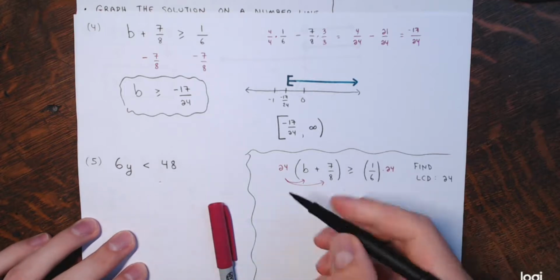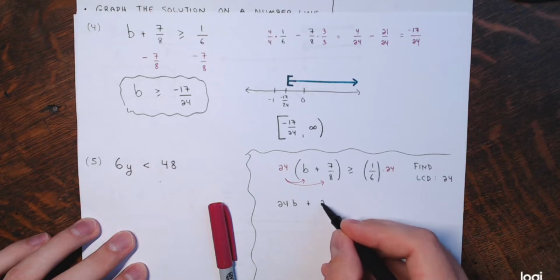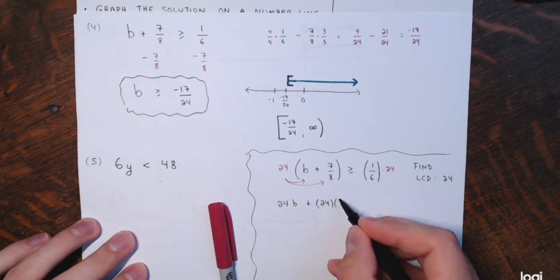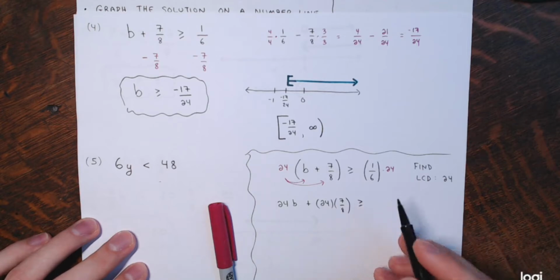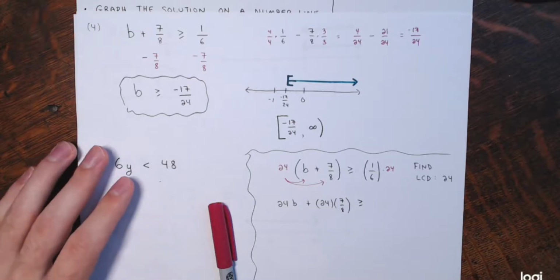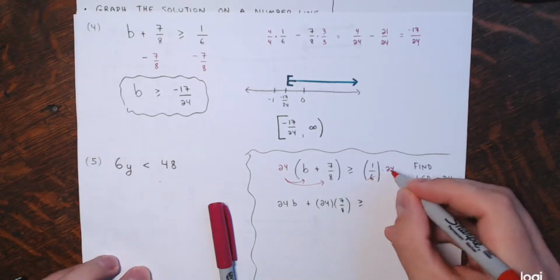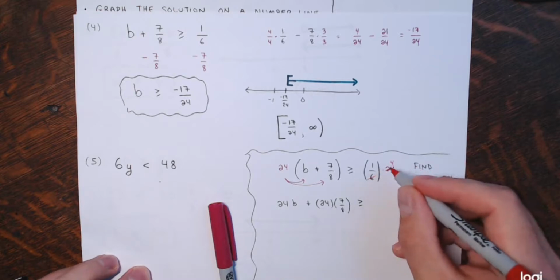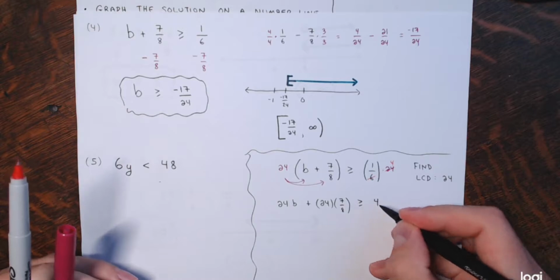And I'd have 24 times b plus 24 times 7/8 is greater than or equal to, right? Still greater than or equal to because I only multiply by a positive number. And then 6 goes into 24 4 times. Right? And so 1 times 4 on the right side there is just 4.